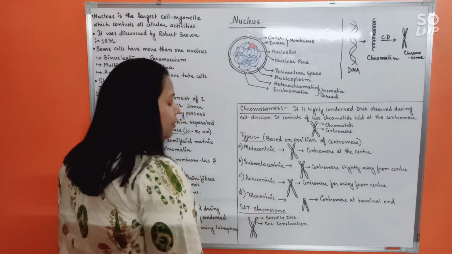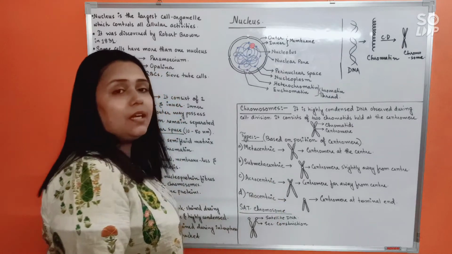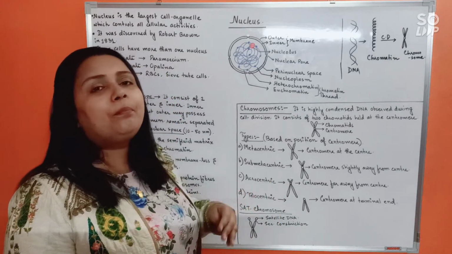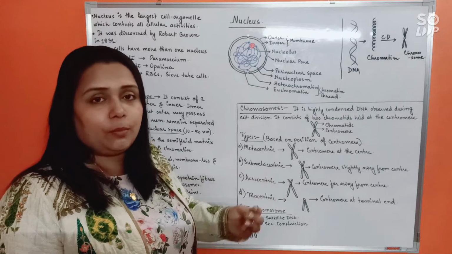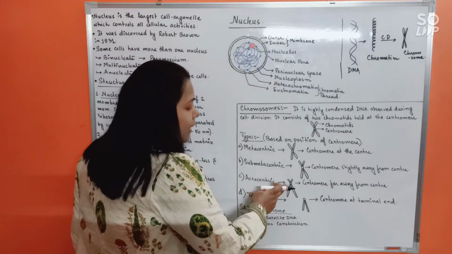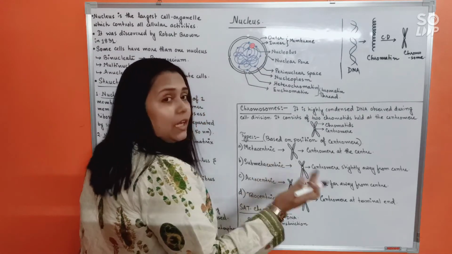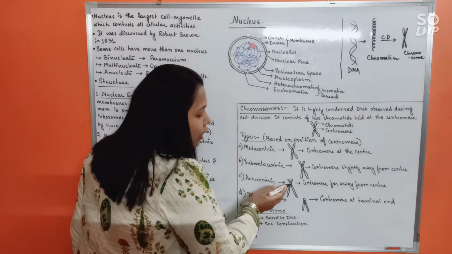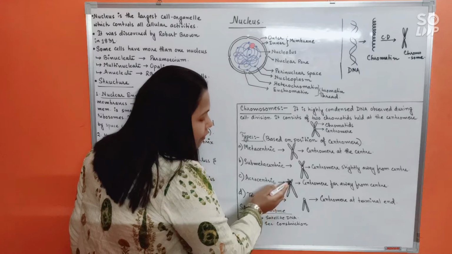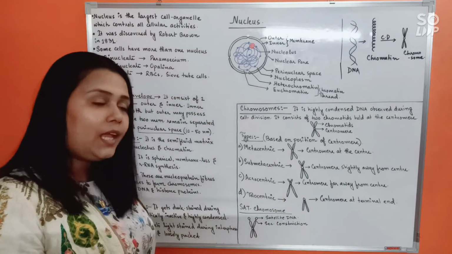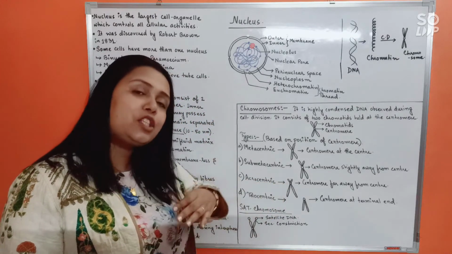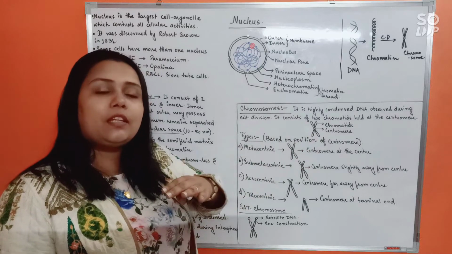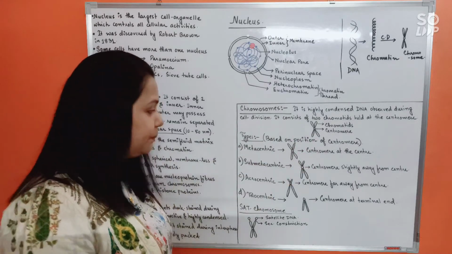Next, acrocentric. Acrocentric means the centromere is now much farther away from the center, dividing the chromatids into two unequal halves again, and one is going to be a very short arm, another a very long arm. Why? Because the centromere is much more away, at a distance from the center. Understood?